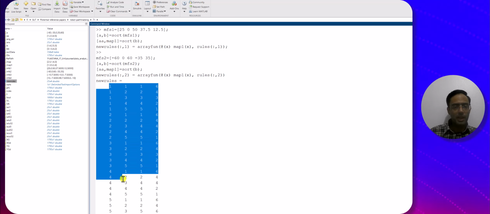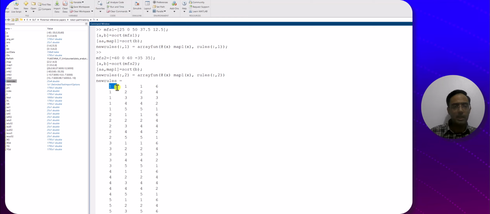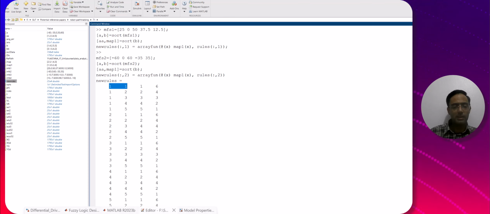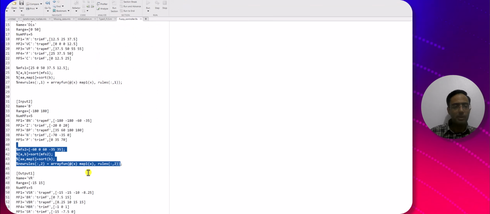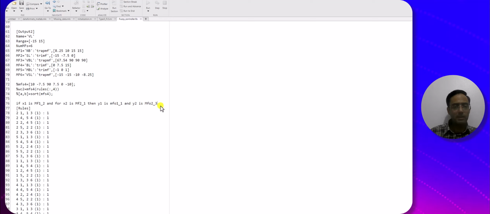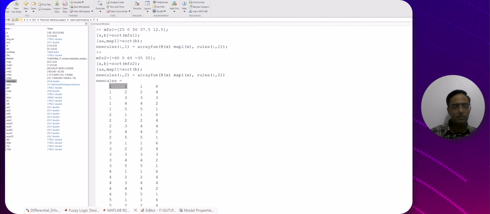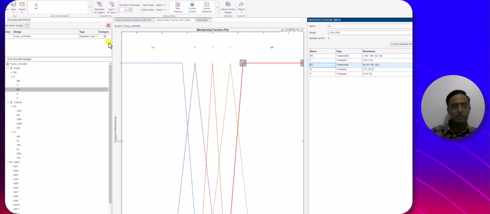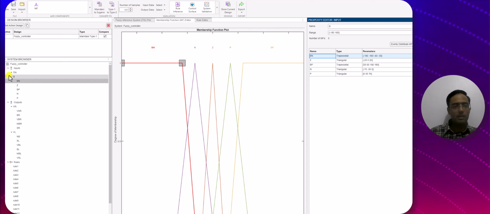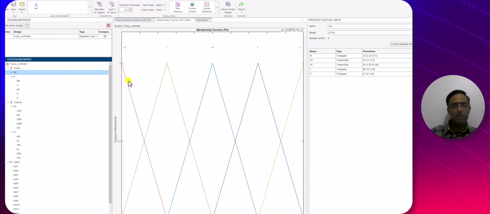So this is the updating of the rules. As you see here, for the new rules, for the first row we have 1 1. So it means the first input, first membership function is fired for the first input.